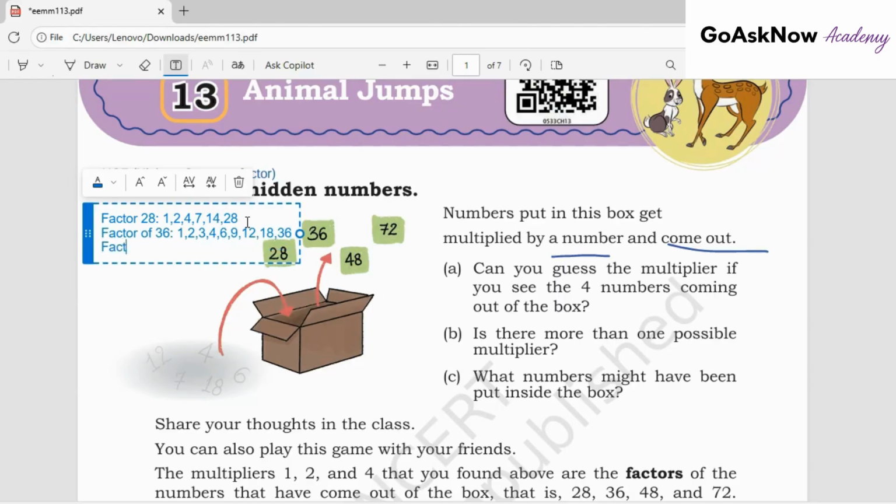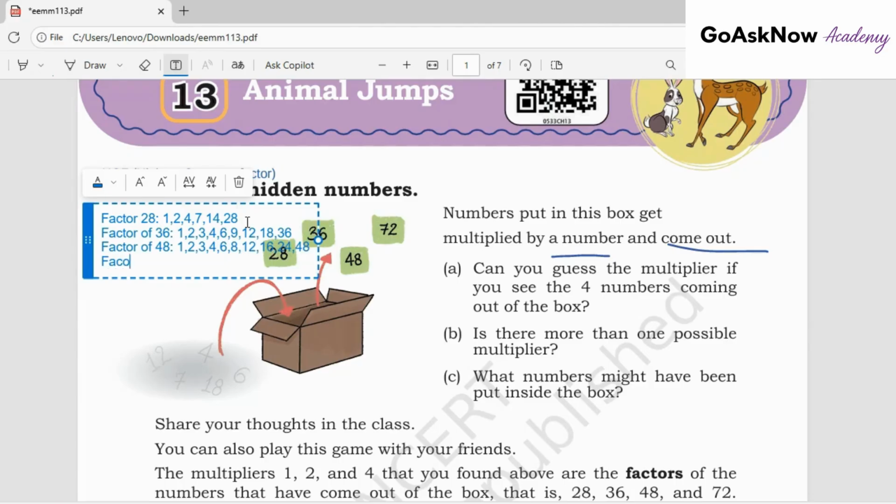Next, the factors of 48, which are 1, 2, 3, 4, 6, 8, 12, 16, 24, 48.